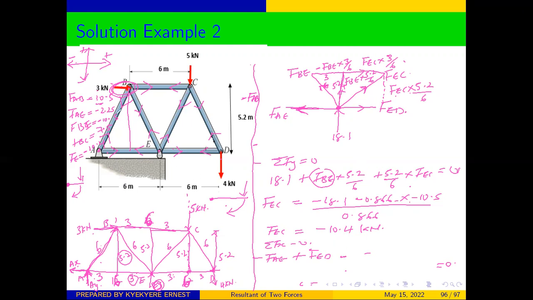We have already calculated FBE to be 10.5. FBE times 3 over 6. And then we also have for FEC, plus FEC times 3 over 6, is equal to 0. Then from there, we substitute FBE, FAE and also FEC.